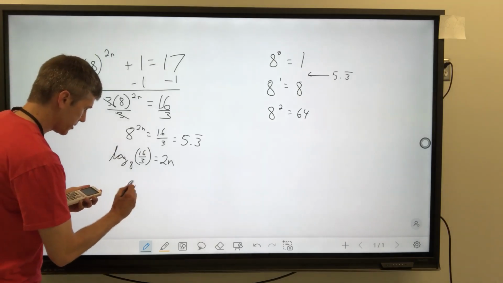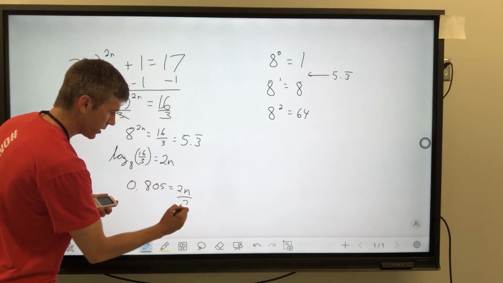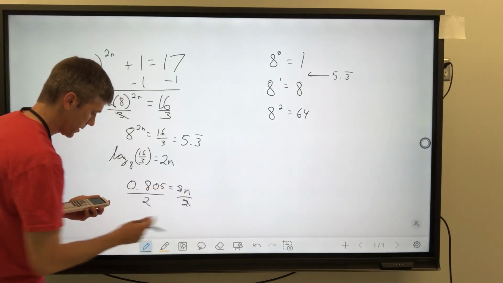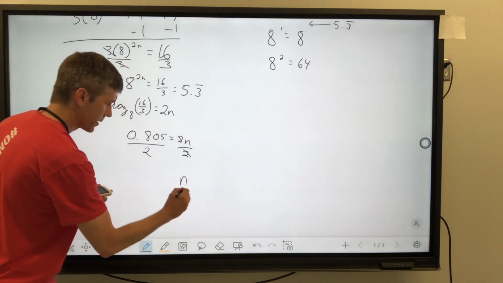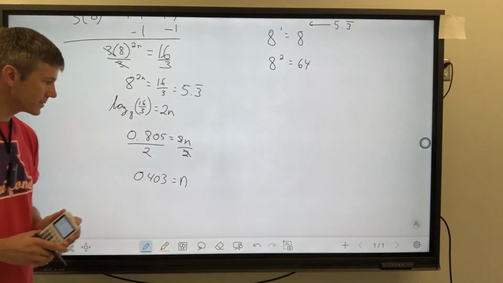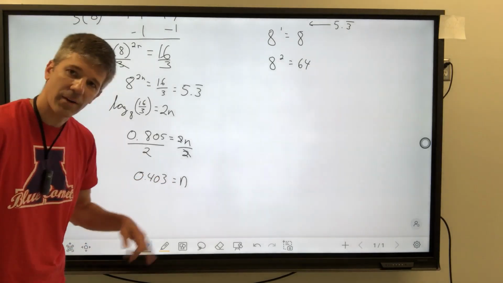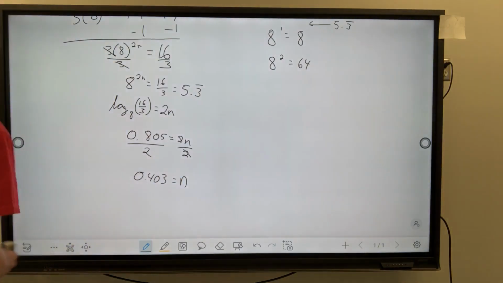And we're going to have 0.805 equals 2n. We're going to divide both sides by 2. Let's divide our answer by 2. And we're going to have 0.403. Now, technically it would be 0.4025, but we are sticking with 3 decimal places because that's the way I like to do that. Okay.